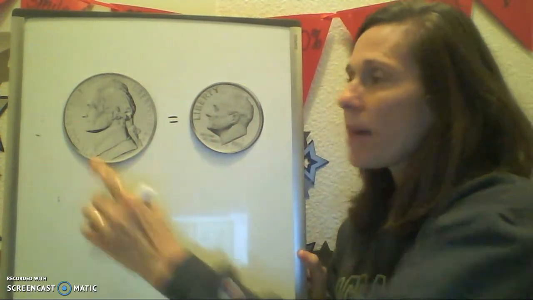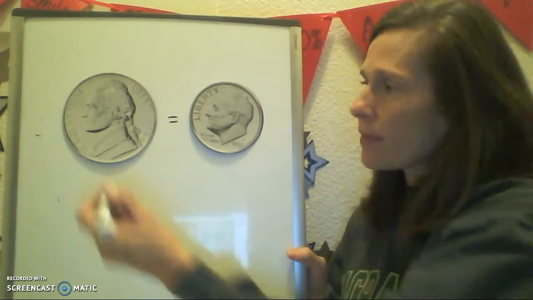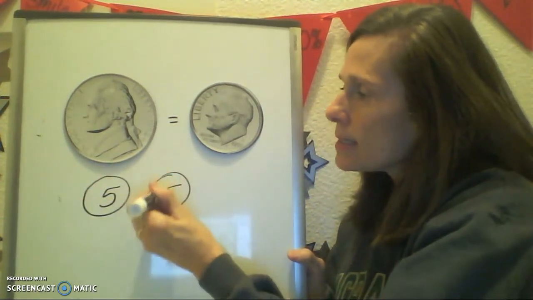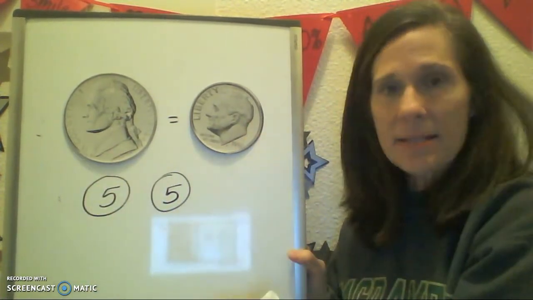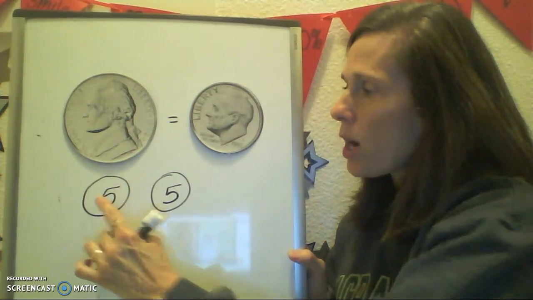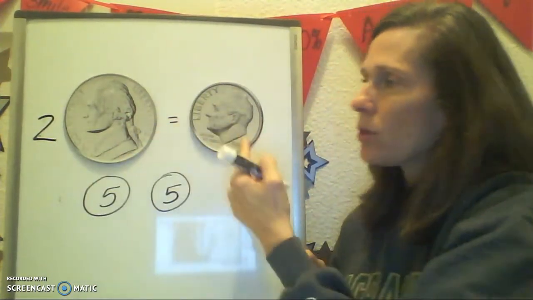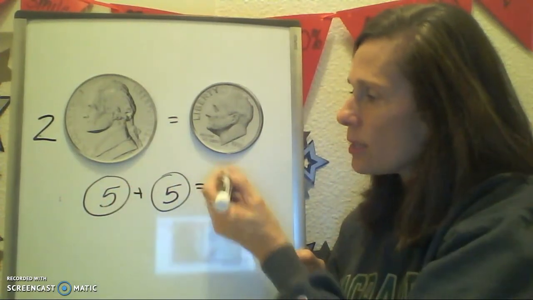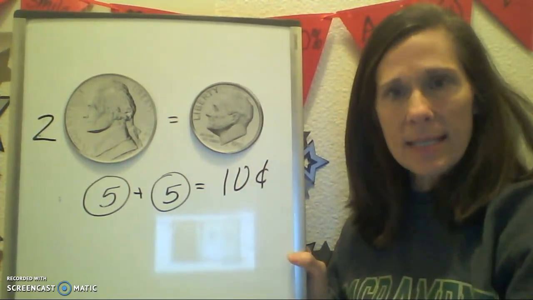So I'm going to draw my nickel as a circle with a 5 in it. 5, 10. How many nickels did it take to get to 10 cents? It took 1, 2. So 2 nickels equal 10 cents. 5 plus 5 equals 10 cents.